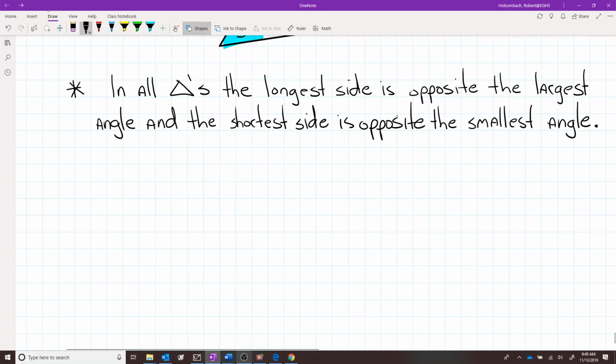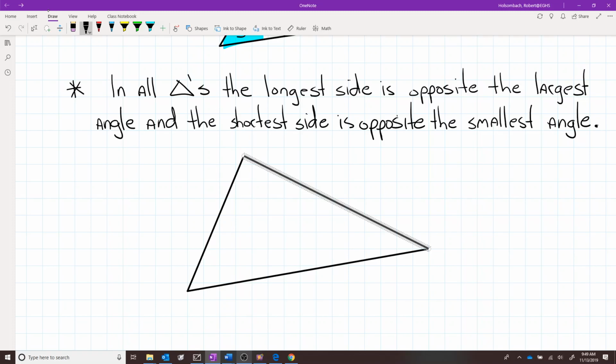So let's take another triangle. We're going to label this triangle ABC. And the angles in this triangle are going to be 60, 80, and 40.